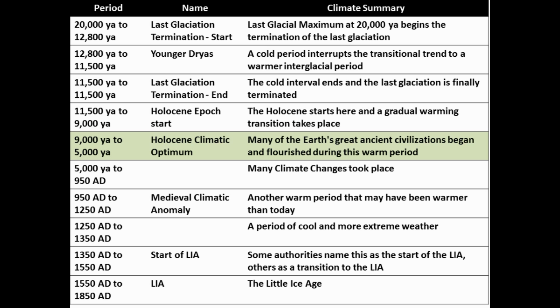Whatever the name, this period continued the previous warming trend, and our planet experienced 4,000 years of benign temperatures. The Holocene optimum is also known as the Holocene wet phase, due to the increased rainfall during this period.